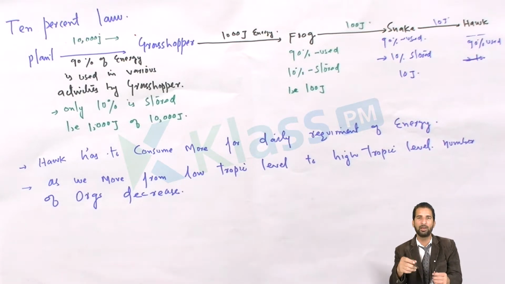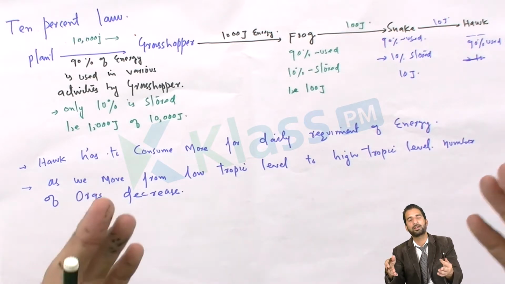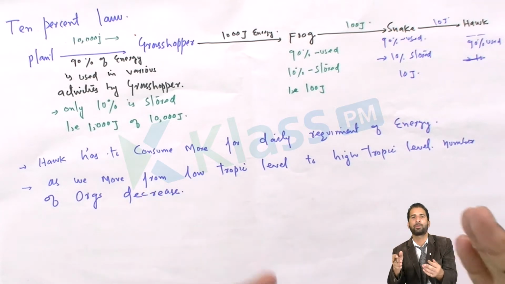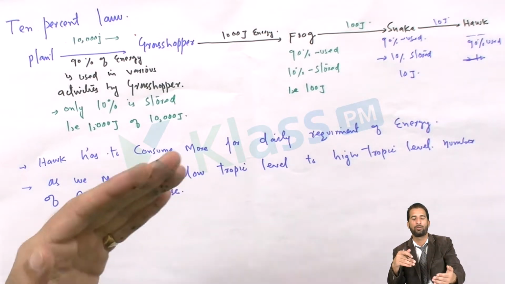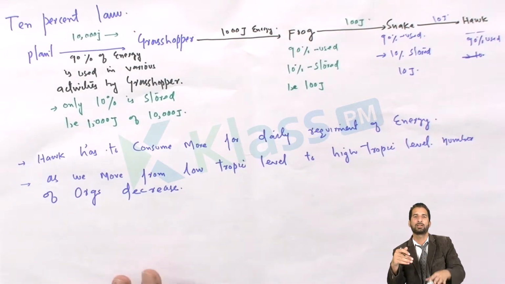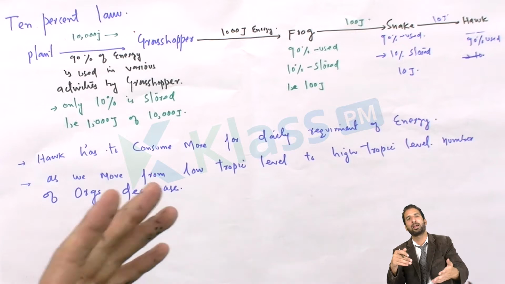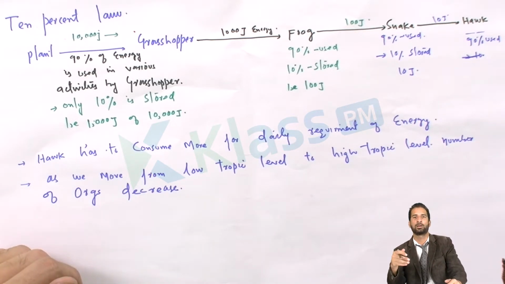So the frog will eat the grasshopper, but during the eating, only 10% is transferred from the grasshopper to the frog, because 90% of the energy available in the grasshopper is either utilized by the frog for its metabolic activities, or dissipated as heat when it digests and absorbs this energy.